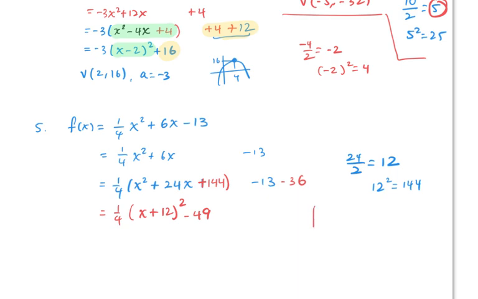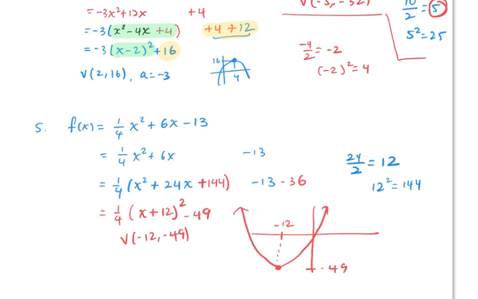Up, right? What is the vertex for this equation? It's technically minus 12, right? Minus 49. So let's say minus 49 is here. So this is the vertex. The graph is going to go up. So therefore, this will be a minimum.